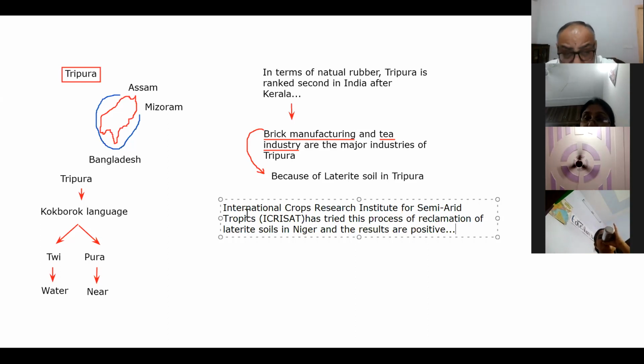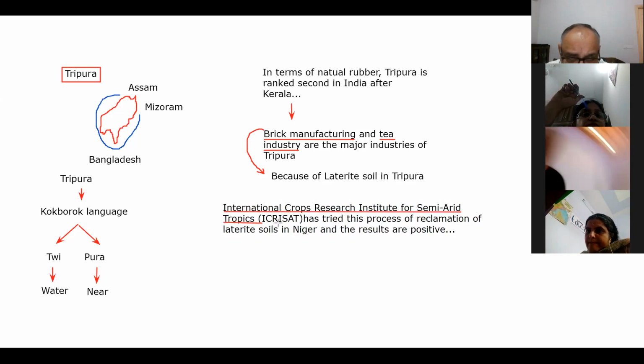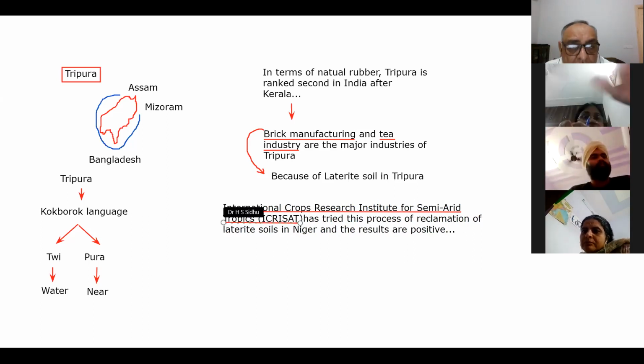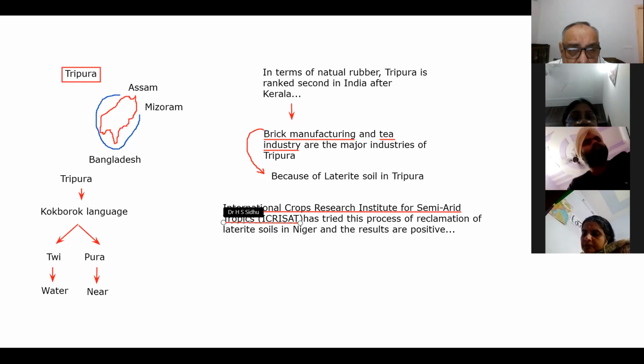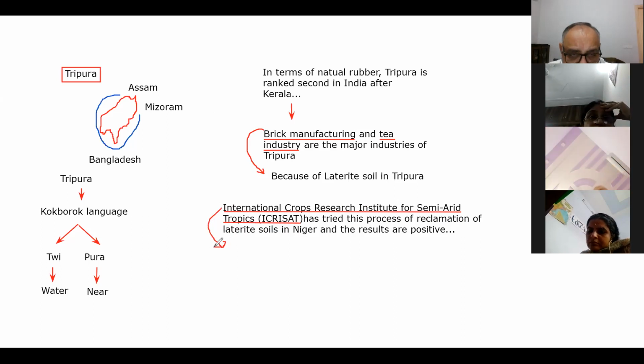Now, one important point here is the International Crop Research Institute for Semi-Arid Tropics. Where is this institute located? Have you heard about this? No. So beta, this institute is located at Hyderabad in India.